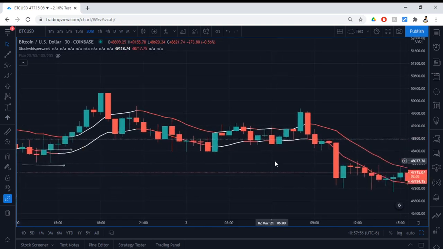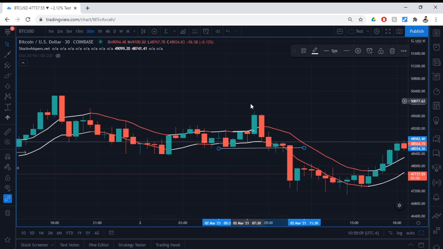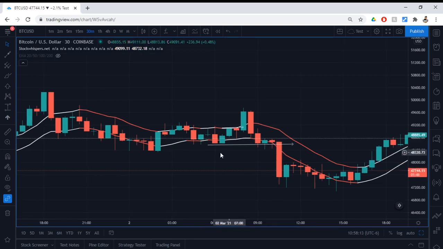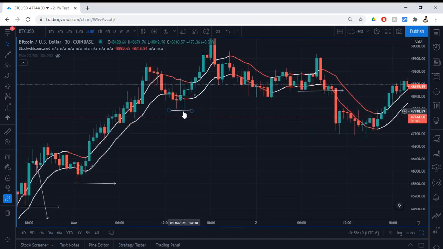So let's do the same thing here. Boom, I think this is the bottom. So I got in here, my stop loss down there, and it went up, in fact, but then it came down and I got stopped out. So this stop loss is here to protect me. It's not here for me to lose money. It's not here for me to be scared that price is going to retrace, hit my stop, and then go up.